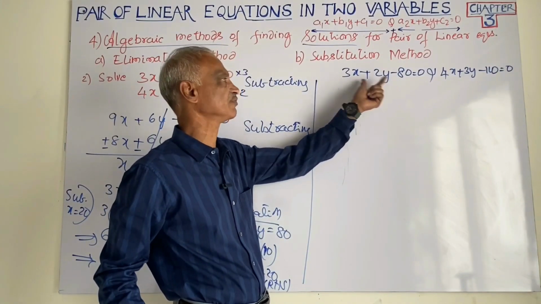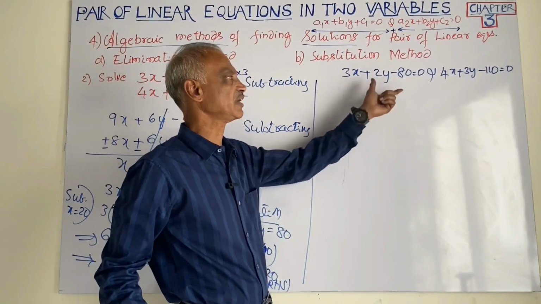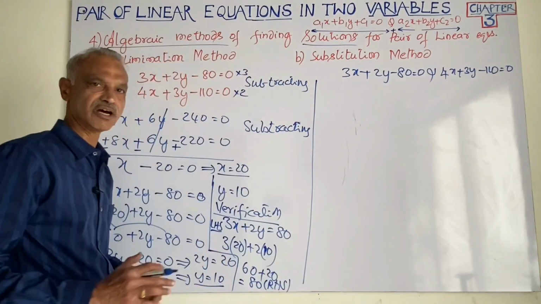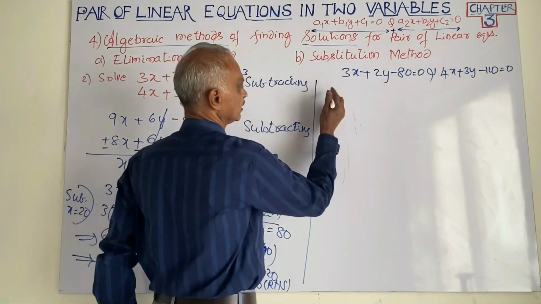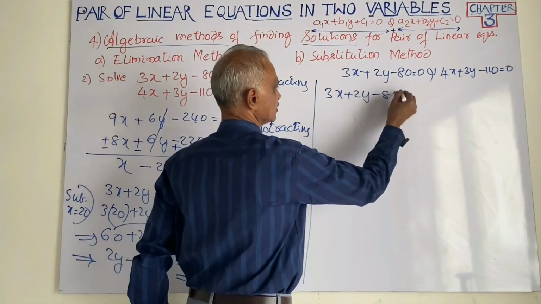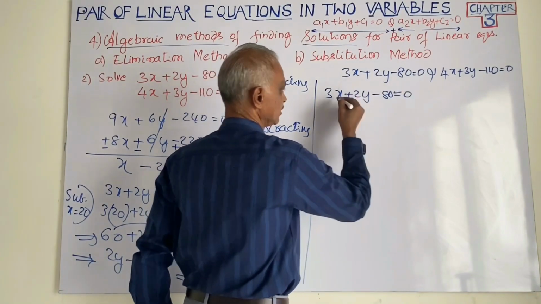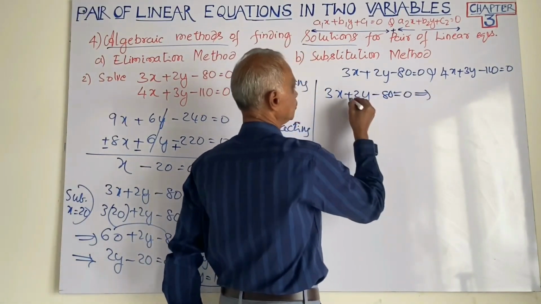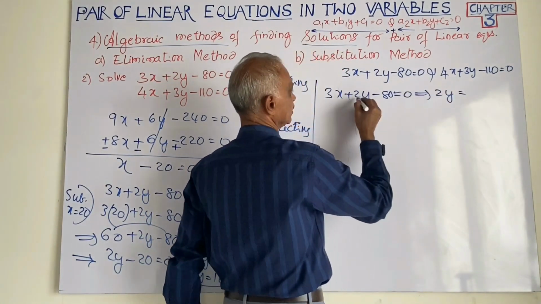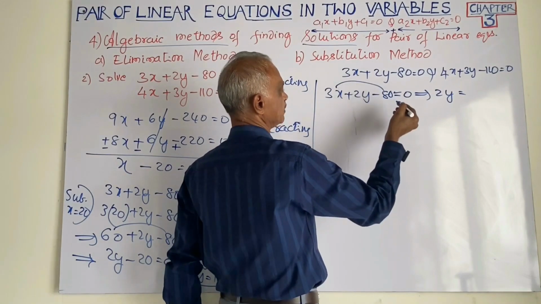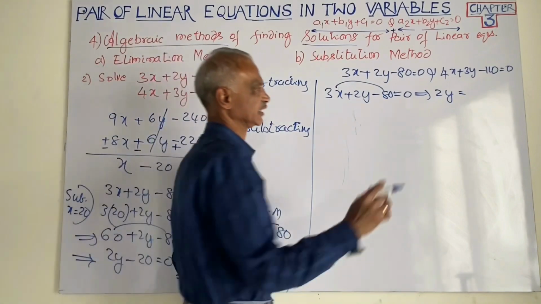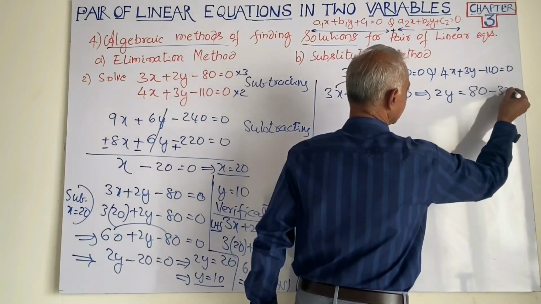You substitute the value of y in this equation, that is the substitution method, so that you will get the value of x. Now you take 3x plus 2y minus 80 is equal to 0, implies 2y is equal to 80 minus 3x.